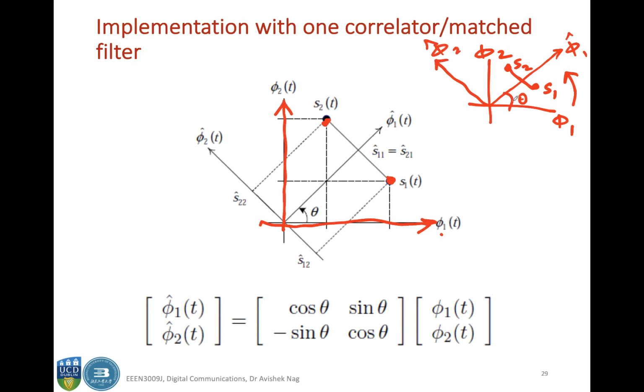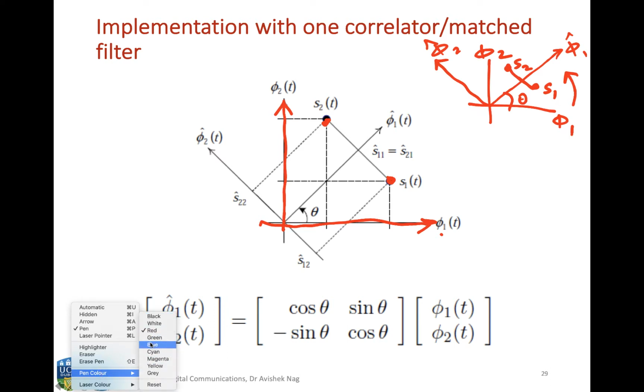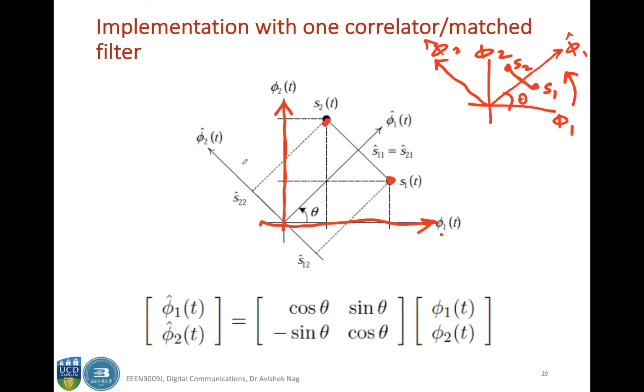such that the signals in the new set, if you look, let's change the pen color. So if you see the new set with the blue color, you see only the axes are changing their position by angle theta. Signals always remain the same.